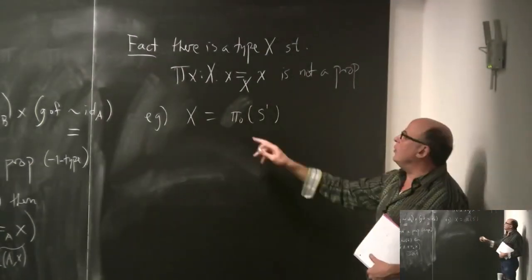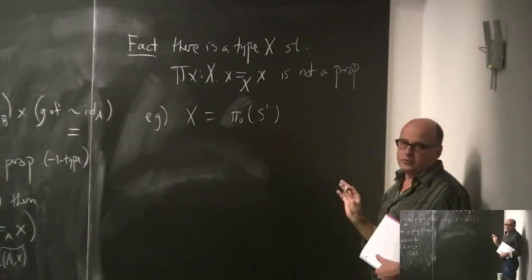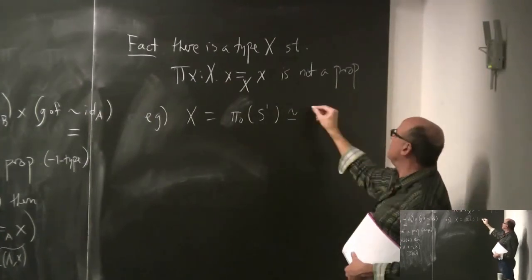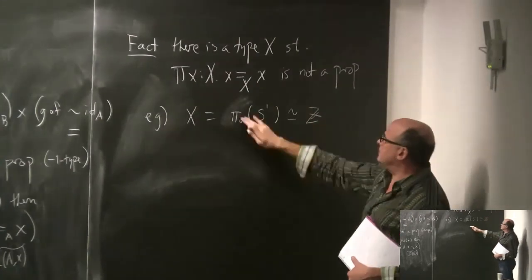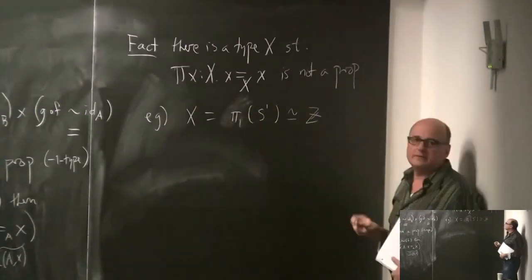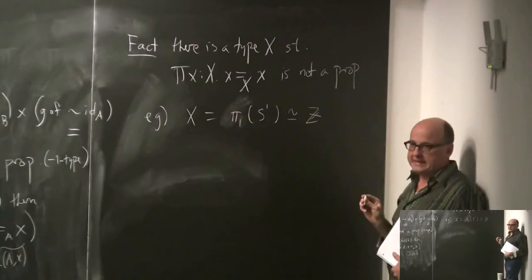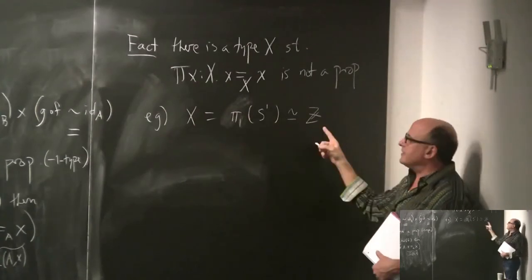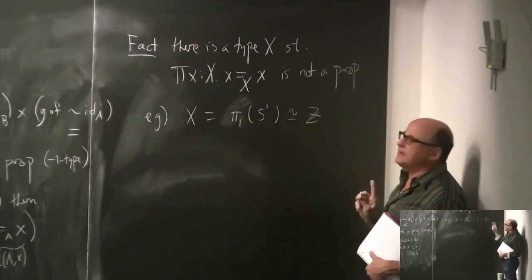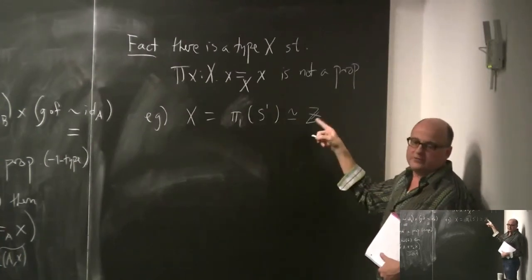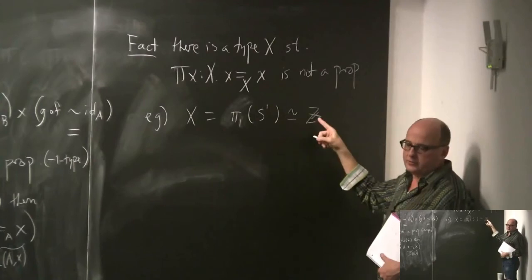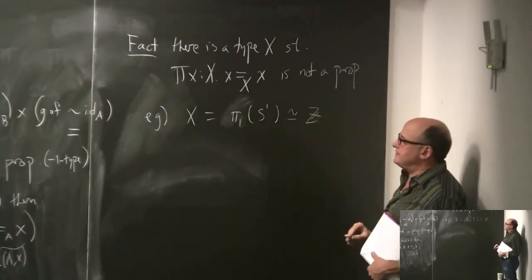That is not going to be a prop, because we will eventually be able to show that's Z. Pi 1 of S1 is Z. That will be my X, and so this is not a prop. This is a set. Z is the group of integers.